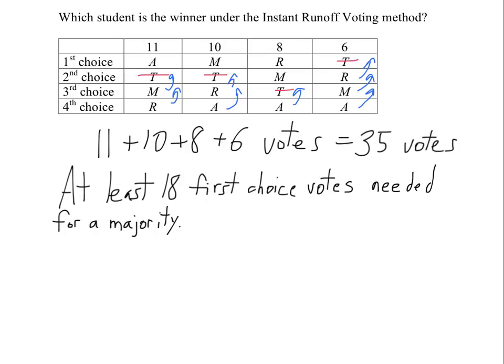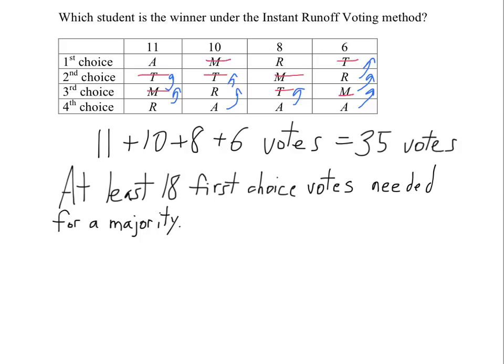We again eliminate the candidate who has fewest first choice votes, and that is now Mark. So Mark is crossed out wherever he appears, and the whole election now comes down to Ashley versus Rachel.